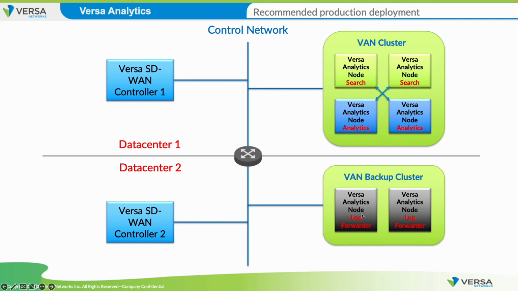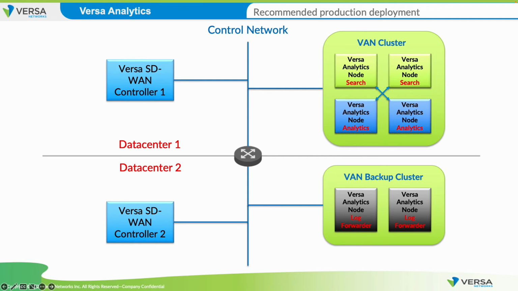And in the redundant data center, it is recommended to deploy only log collectors, mainly because the requests from the director usually go to the main WAN cluster, and in the redundant data center we usually don't ever pull data from there. We just store information in the log collectors, and when the main nodes become available, we push the data into the main nodes.